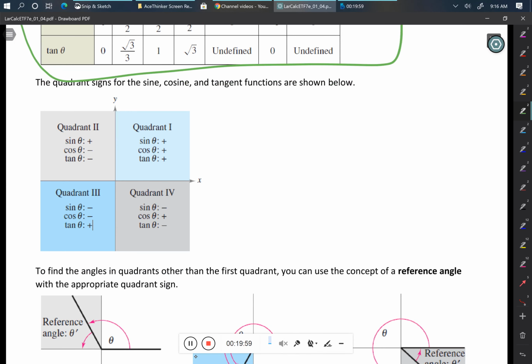For example, what trigonometric functions are positive and what trigonometric functions are negative in a given quadrant. If I told you that sine is positive and cosine is negative, what quadrant does that angle terminate in? What quadrant is the terminal side of that angle in?